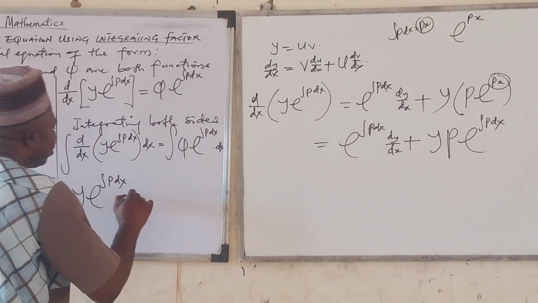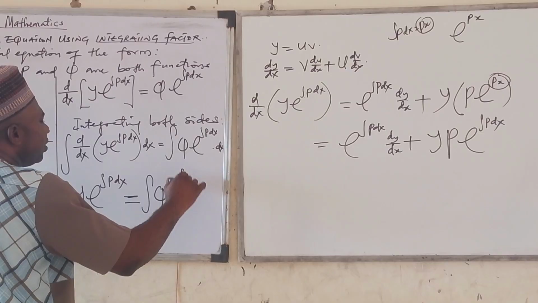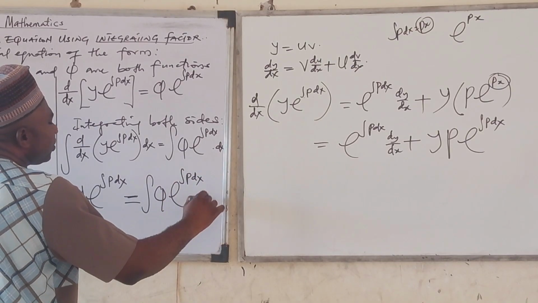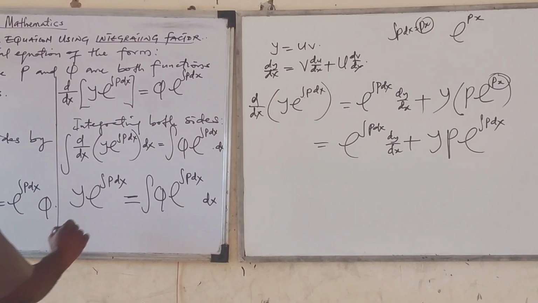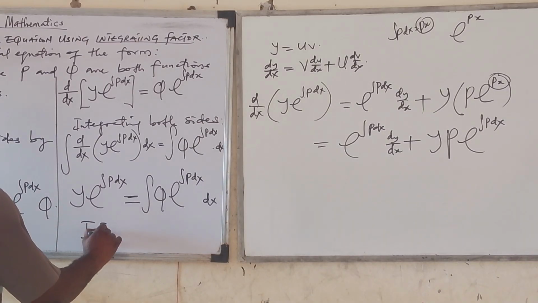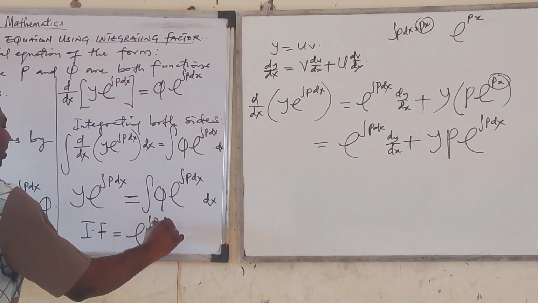Now this will be equal to the integral of Q e raised to the power of integral P dx with respect to x. But remember that the integrating factor is equal to e raised to the power of integral P dx.